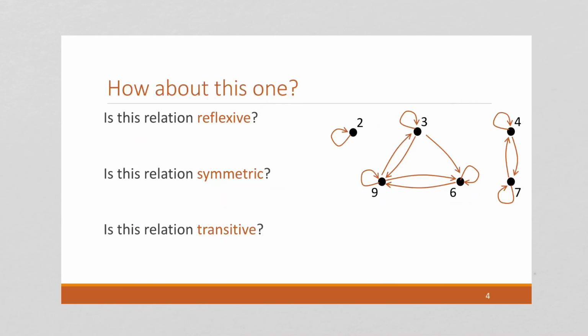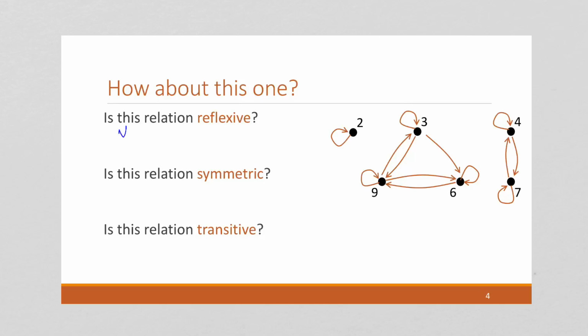So now let's look at this chart and notice this is the same as on the previous page, except the previous page, this arrow from 6 to 3 also existed, and we have gotten rid of that. So now that arrow from 6 to 3 is no longer there. Is this reflexive? Does every element relate to itself?